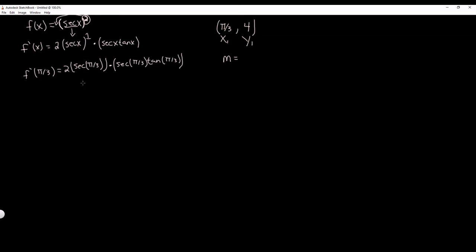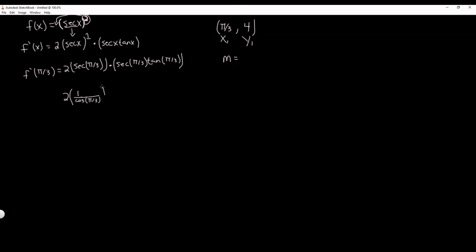It's best to have the unit circle memorized, or you can just look at it if you're doing your homework or whatever. But so we're going to rewrite the secant functions in terms of sine and cosine, and secant is just 1 over cosine. So we're going to rewrite all the secant functions as 1 over cosine. So this is going to be 2 times 1 over cosine of pi thirds.